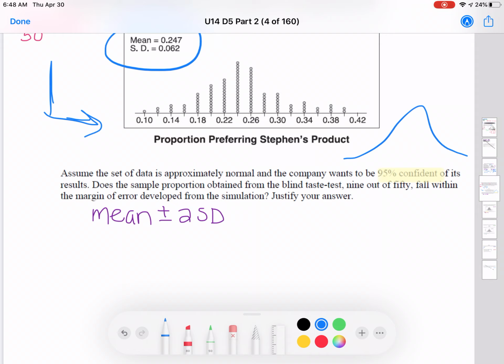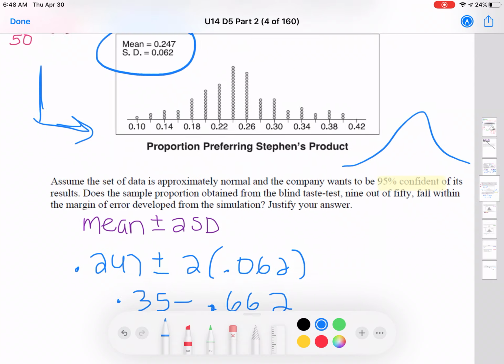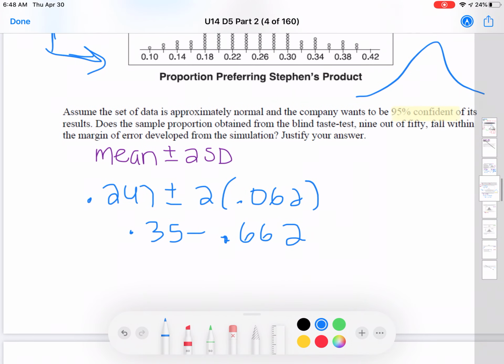Okay, so let's see. We got our mean plus or minus 2 standard deviations. So we wind up with 0.35 to 0.662. And then what was our decimal value up there? 0.18. Okay, so let's see.